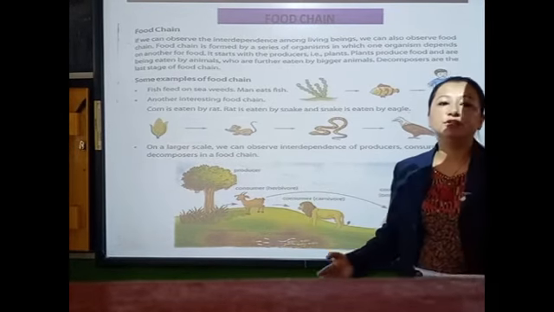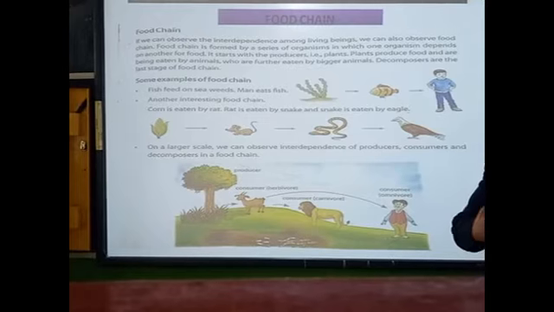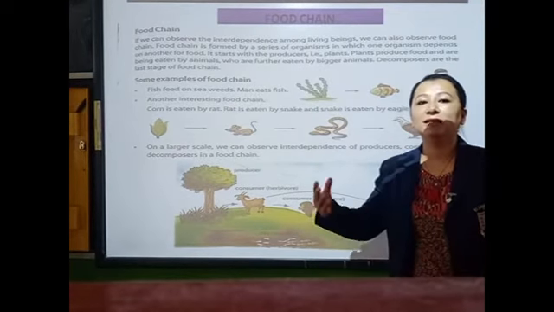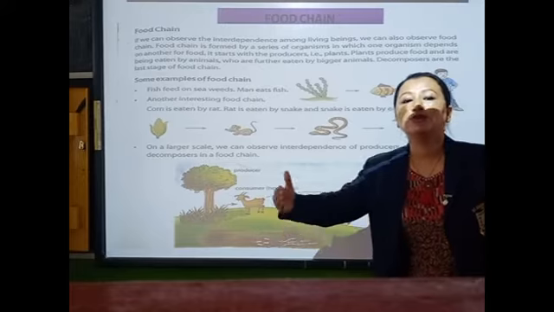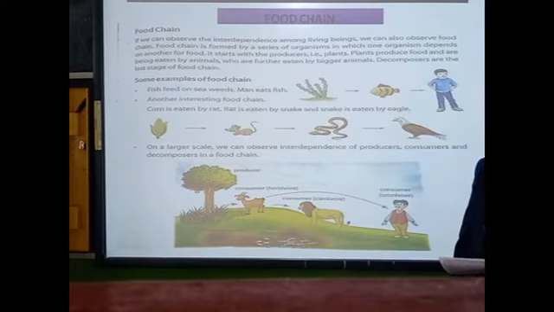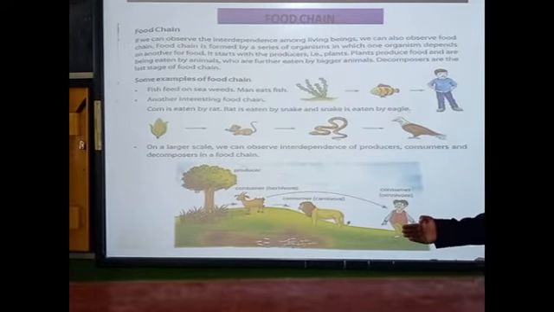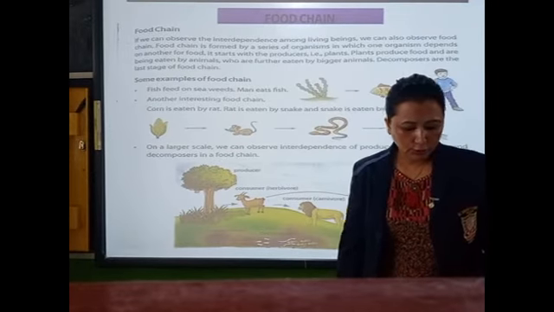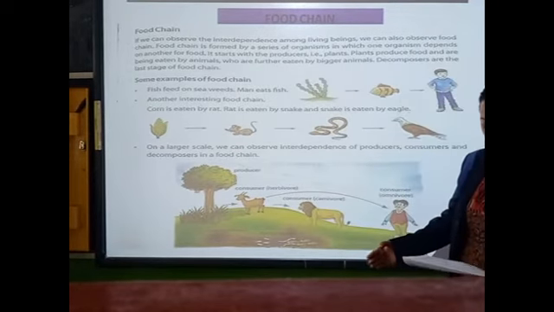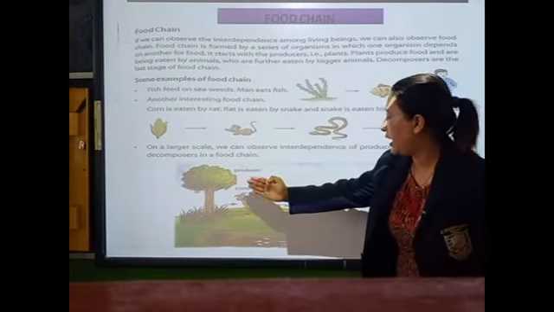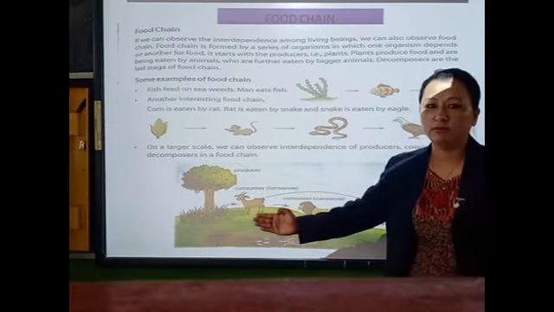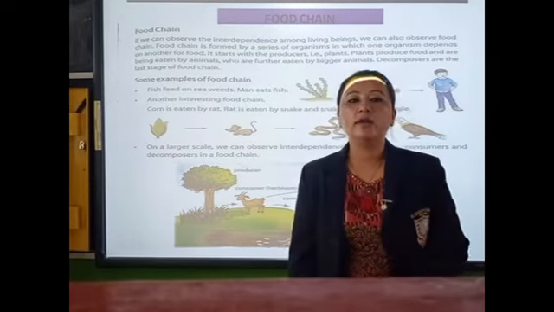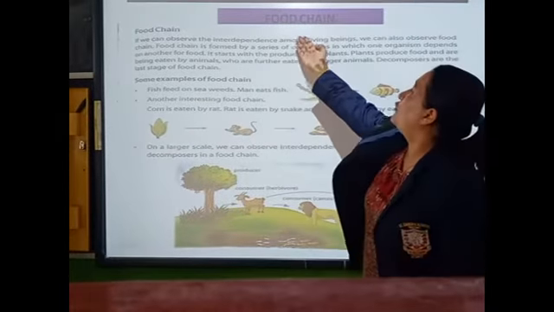So decomposers break down all the nutrients and also help in releasing nutrients back to the soil, which is used by the producers. So you can see how this is like a big chain of relation. That is why it is called a food chain.